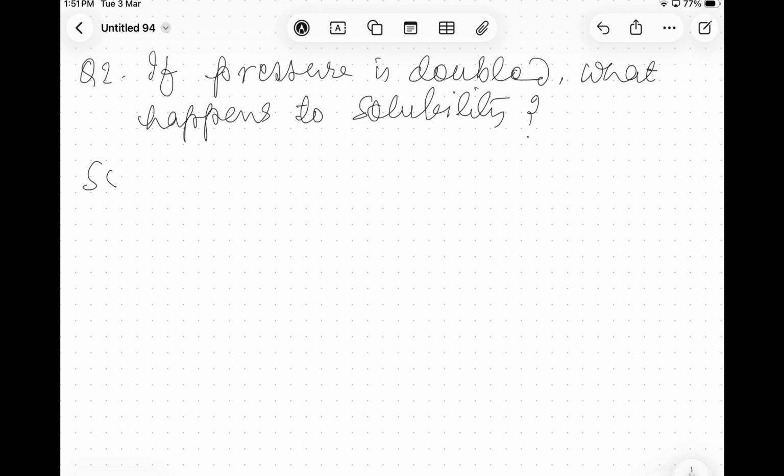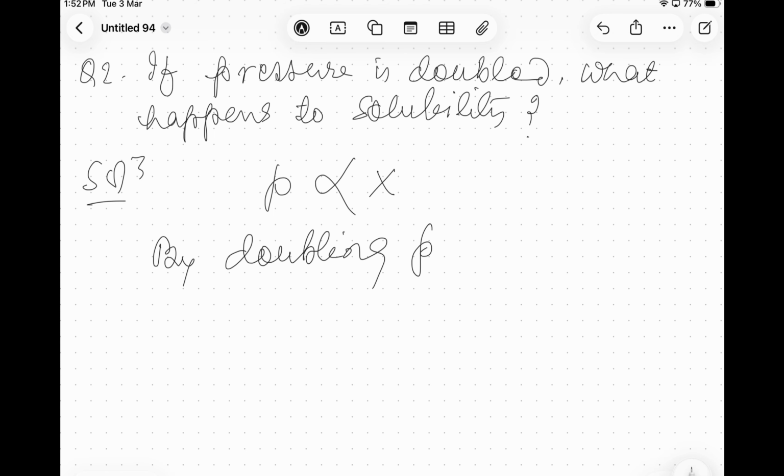Write the answer in this way. P is partial pressure is directly proportional to solubility, that is mole fraction. So by doubling pressure, solubility doubled.